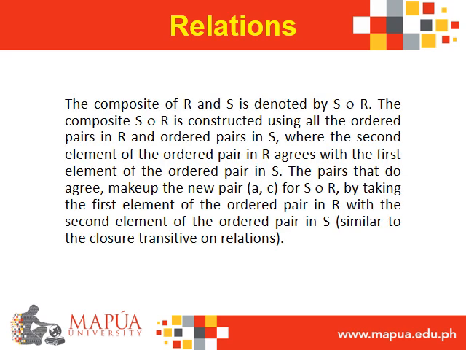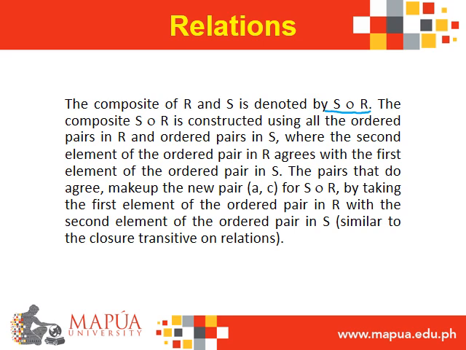In other words, the composite of R and S, which is denoted by this given symbol, is constructed using the ordered pairs in relation R and the ordered pairs in relation S, whereby the second element of the ordered pair in R, which is element b, agrees with the first element of the ordered pair in S, which is also element b.